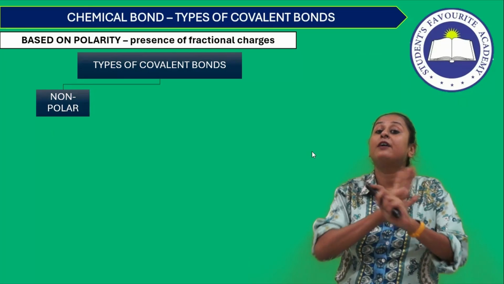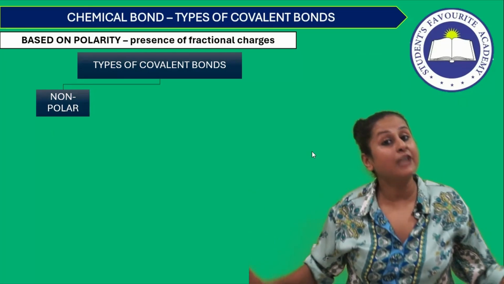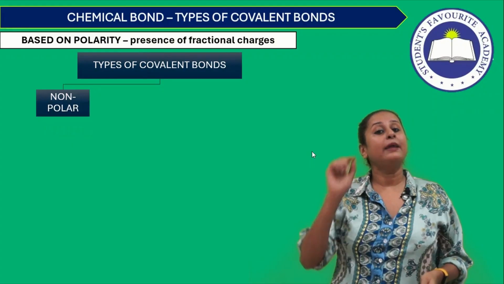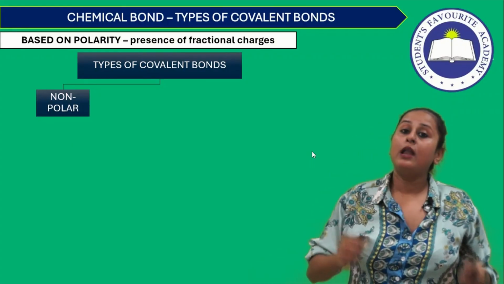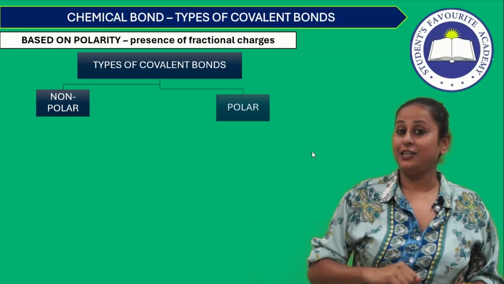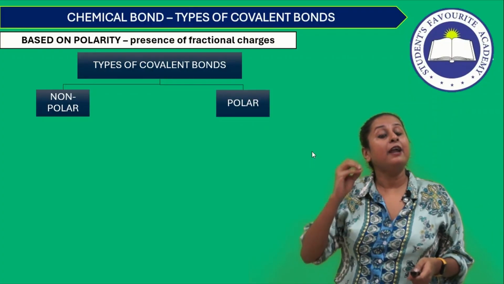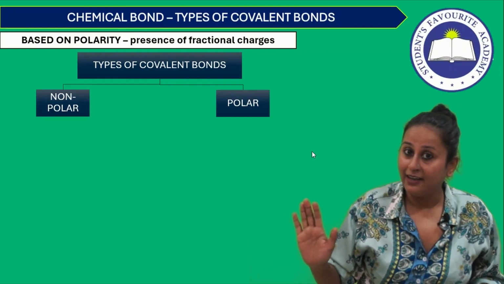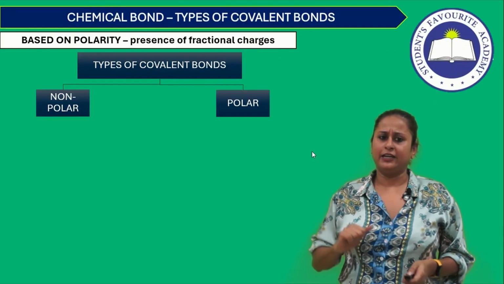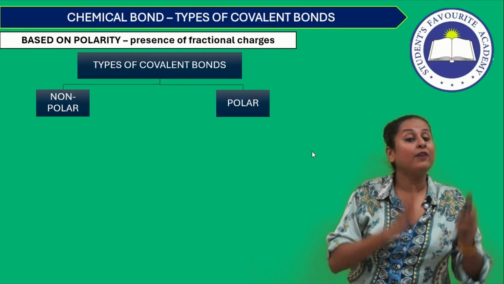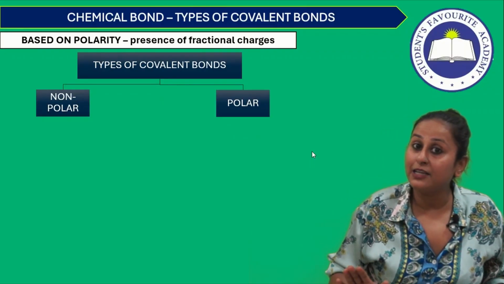Non-polar means they do not have any poles, any charge separation; they share the electrons equally. Polar covalent compounds are those which do have a charge separation. That means the shared pair of electrons is unequally shared.